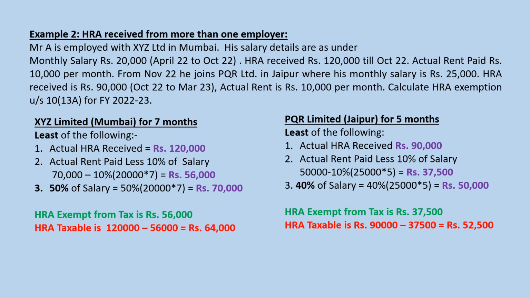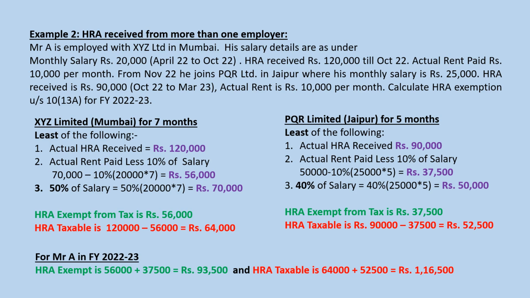So it comes to 50,000. So HRA exempt from tax will be the least of the above three, that is 37,500 and HRA taxable will be 90,000 minus 37,500, that is 52,500.